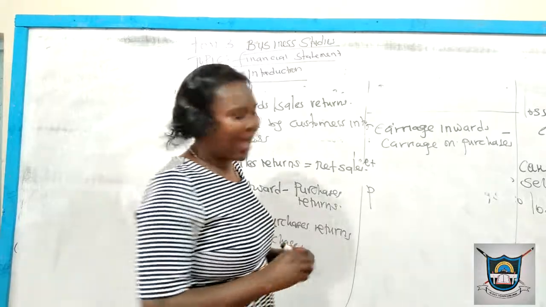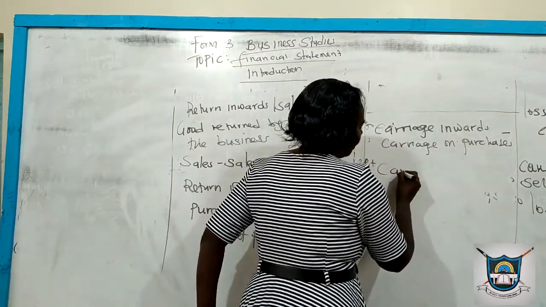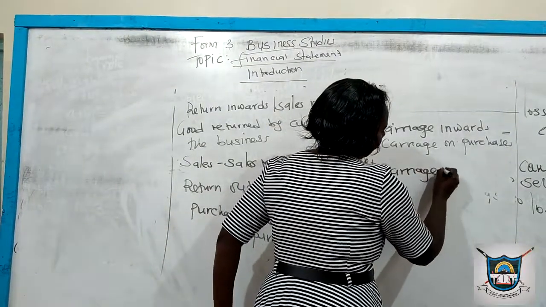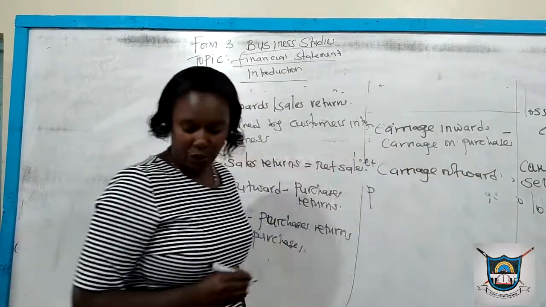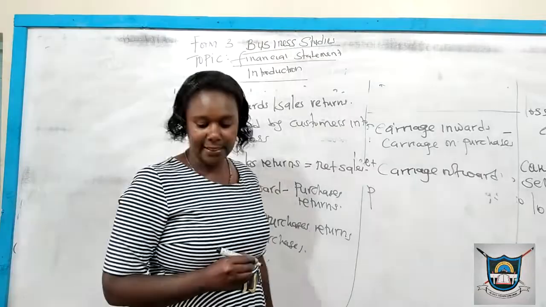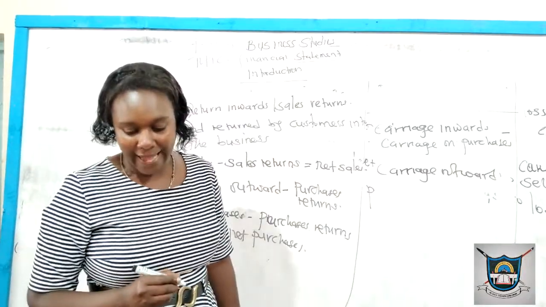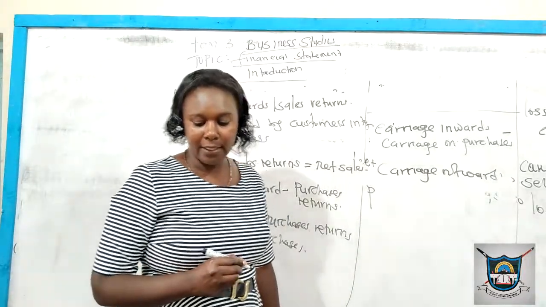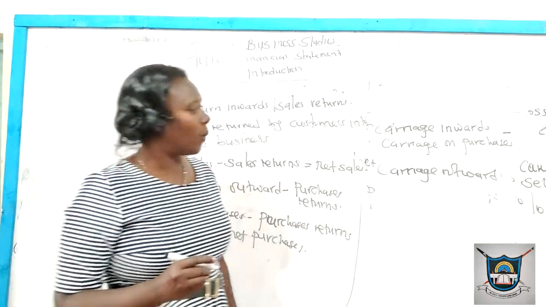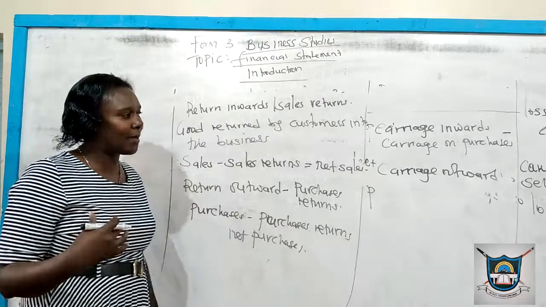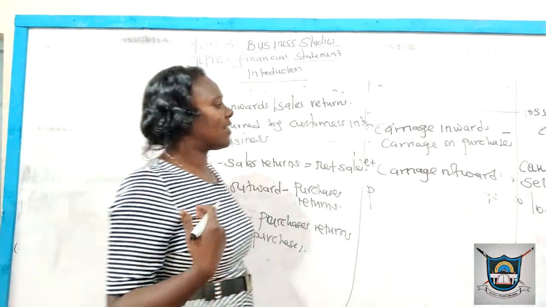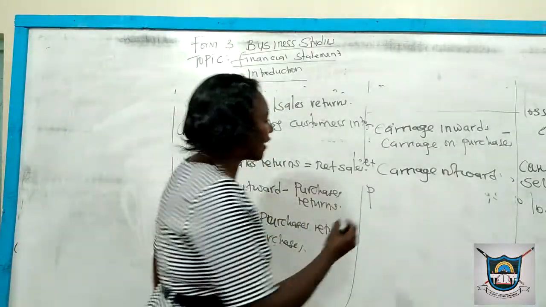Lastly, we have carriage outward. Carriage outward is also called the carriage on sales. It is cost incurred in transporting goods sold to the customers or where the customers require them. So if a business usually transports goods for the customers, we call that cost the carriage outward or carriage on sales.